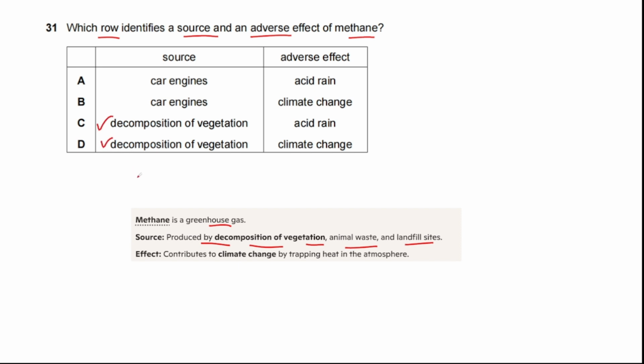So it's from the decomposition of vegetation. For the adverse effect, you have two options: acid rain and climate change. Acid rain is basically from sulfur dioxide, the oxides of sulfur. Climate change is from greenhouse gases, which includes methane. So the correct option is option D.